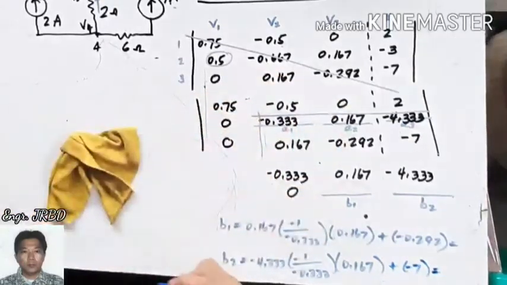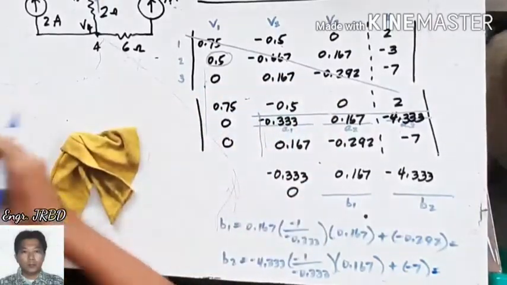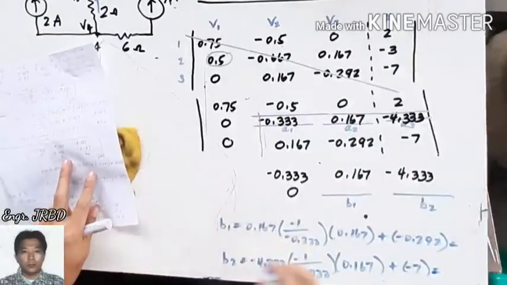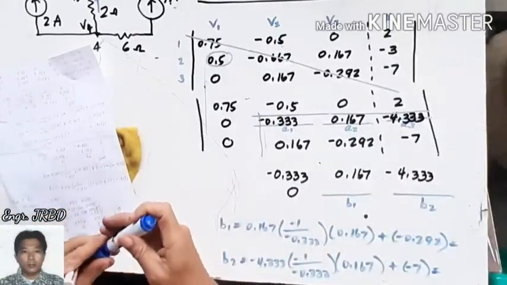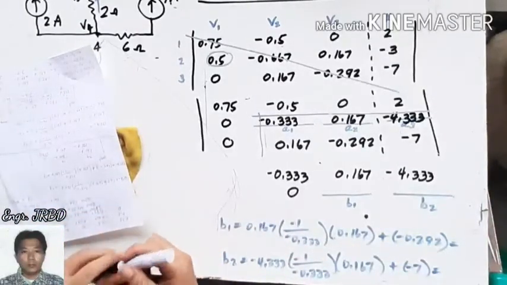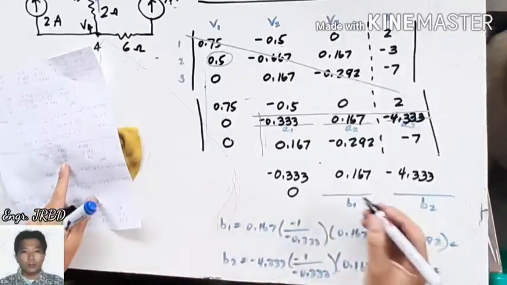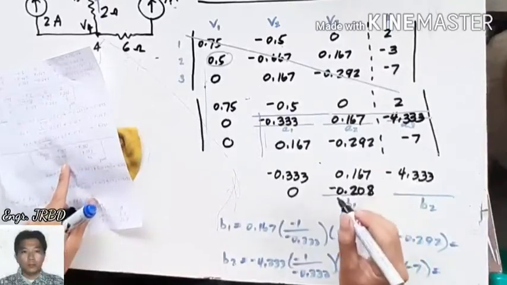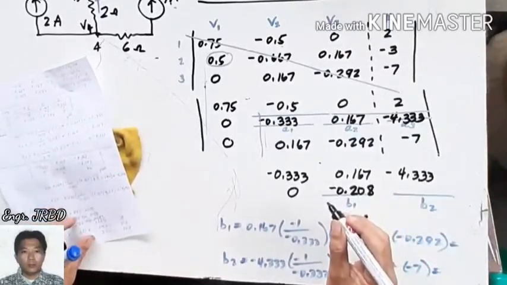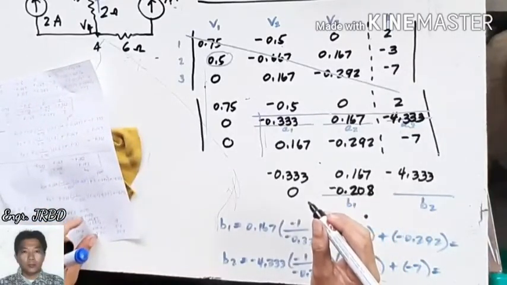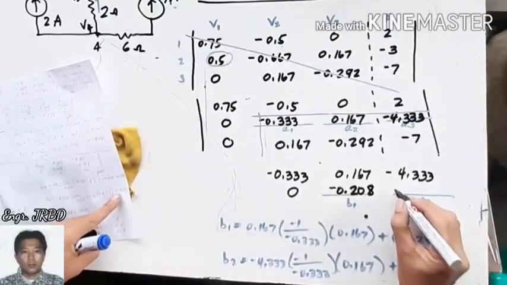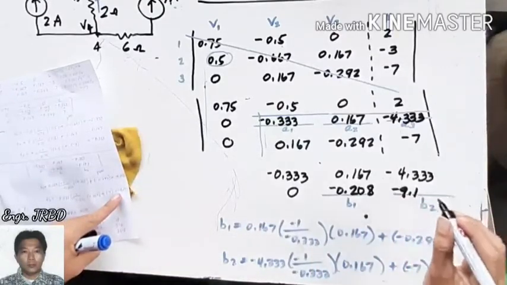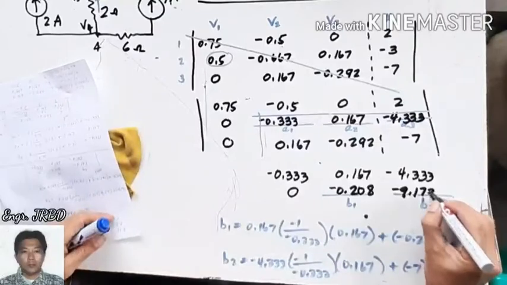And the values that you should be getting there are negative 0.208, and the other one is negative 9.173.